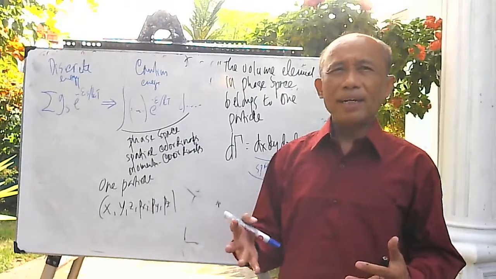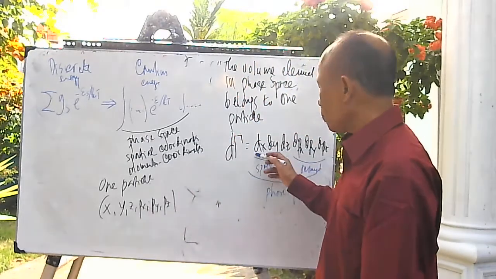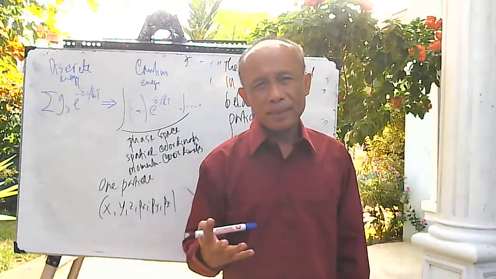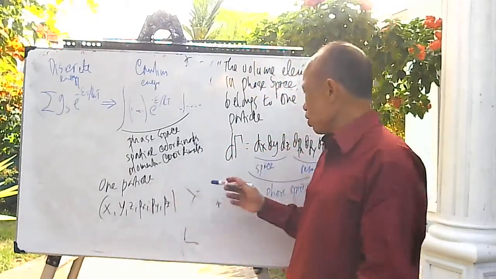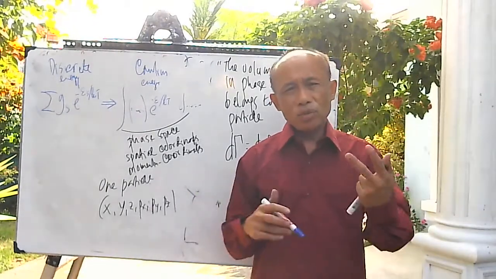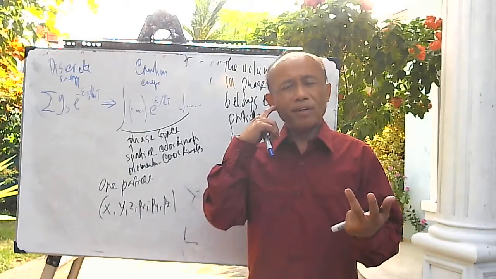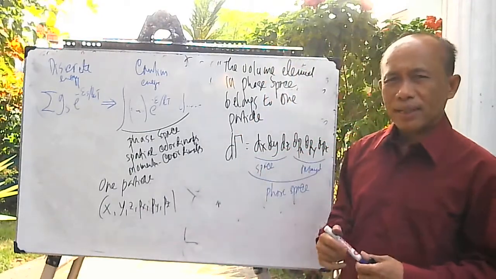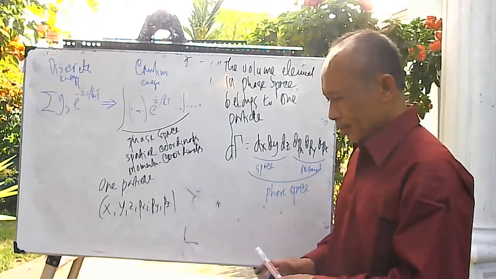So we have 6D in this phase space only for one particle. But if we have two particles, each will contribute 6 elements. So for two particles, we have 12 coordinates of phase space. Now we focus on only one particle.